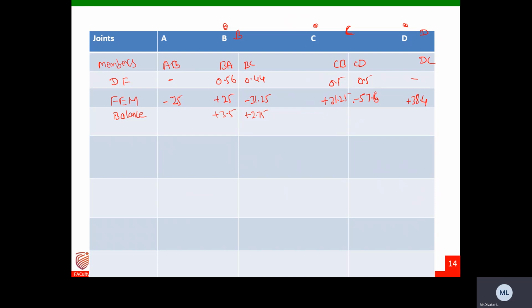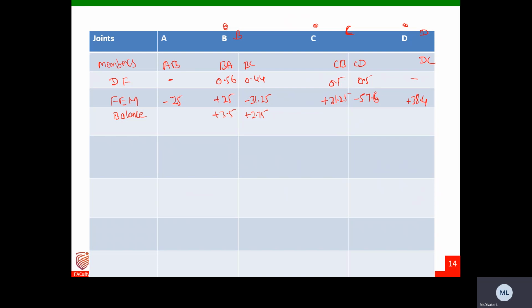Now what is the summation of FEM at point C? I have 31.25 minus 57.6, which is minus 26.35. Multiply minus 26.35 with 0.5, change the sign, write down the values.